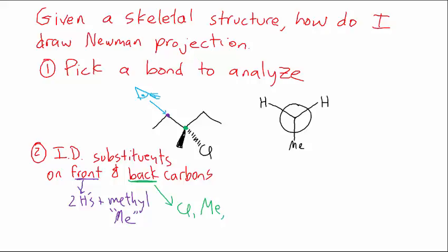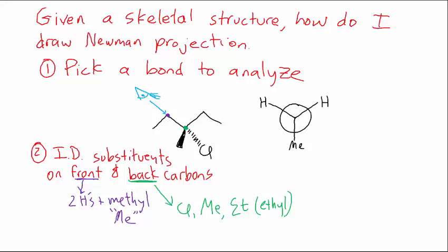How do you think I would abbreviate ethyl? ET. We'll use that abbreviation a lot too. I mean, that saves us a lot, right? To write ET instead of writing C2H5. Who wants to write all that? So my 3 substituents on the back carbon are methyl, ethyl, and chlorine.